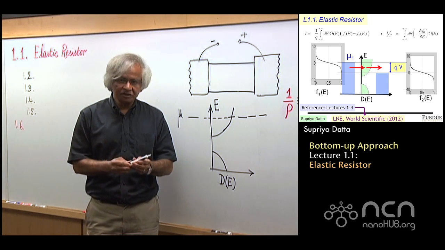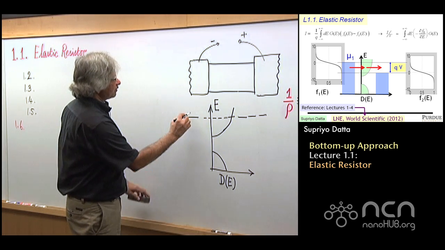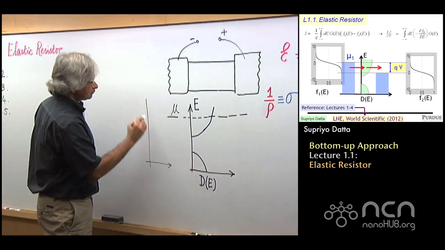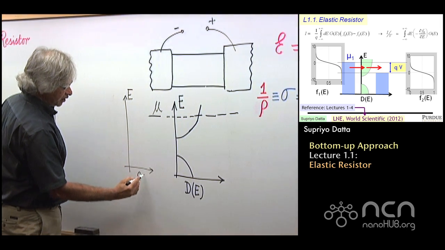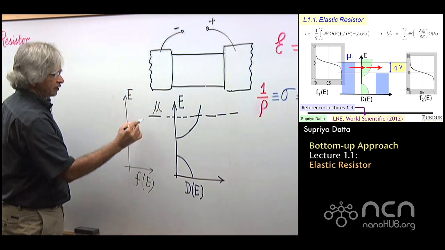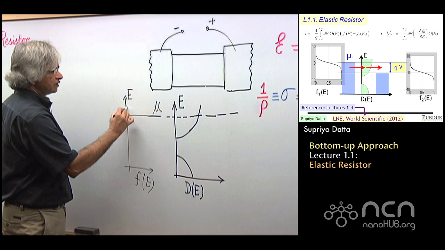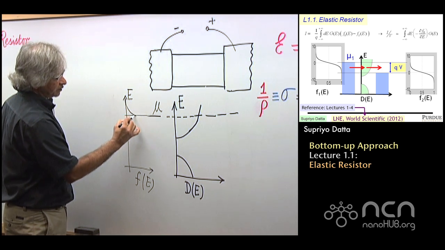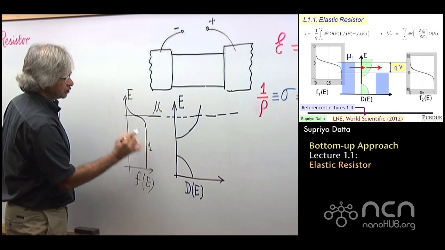If you are at non-zero temperatures, then the distribution of electrons is given by this Fermi function, which you can draw here. So this is the energy axis again. This is the Fermi function, f of E, and it is equal to 0 when you are far above the chemical potential, and equal to 1 when you are far below the chemical potential.